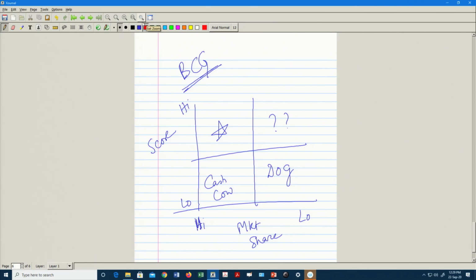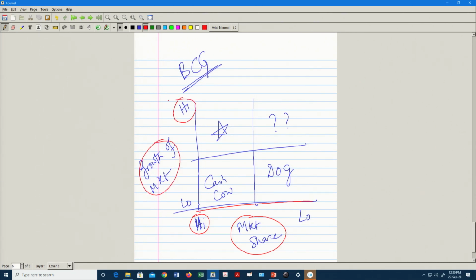What BCG says is if your market share is high, and your growth of the market is also high, then you are a star.